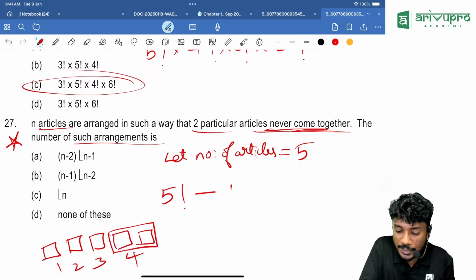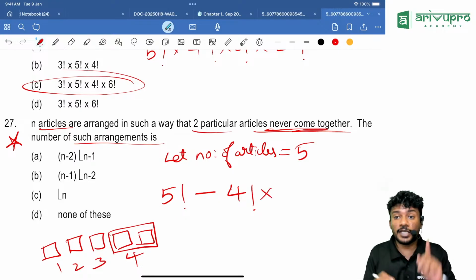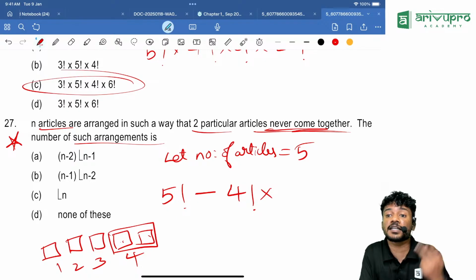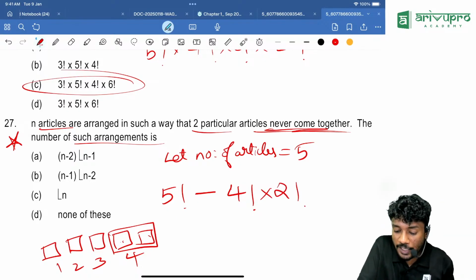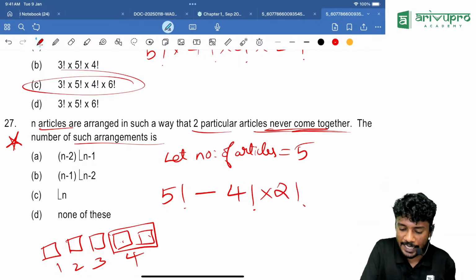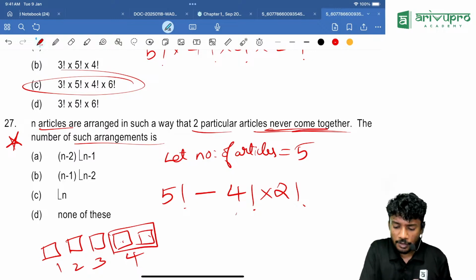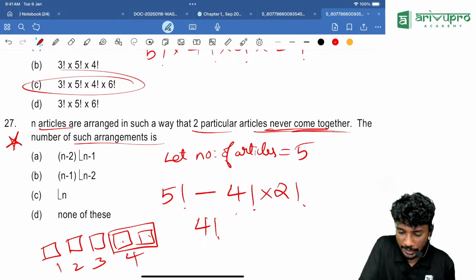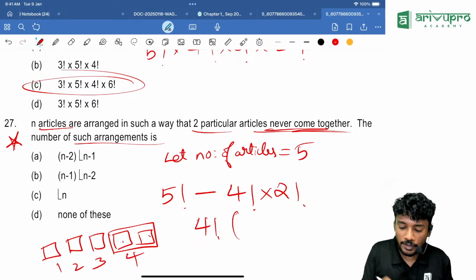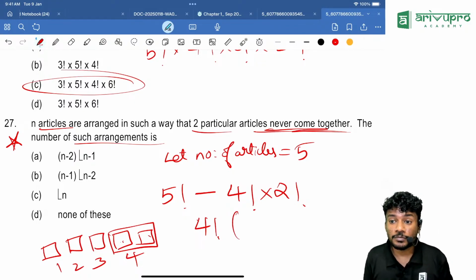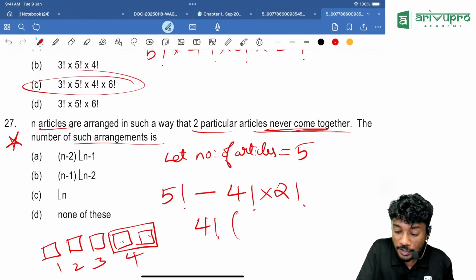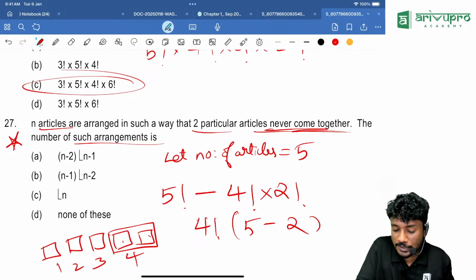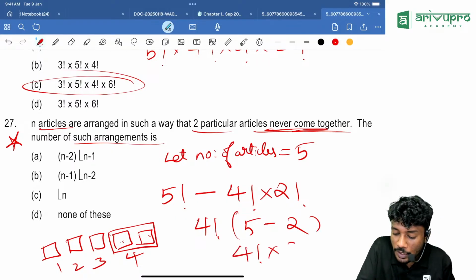That means 4 factorial into, when they are coming together, 4 factorial into these 2 articles can be arranged in 2 factorial ways. Take what is common here. 4 factorial is common, right? That means 4 factorial into 5 minus 2. This is equal to 4 factorial into 3.